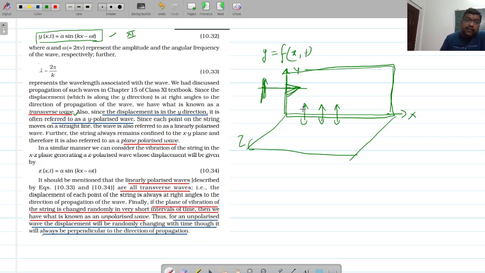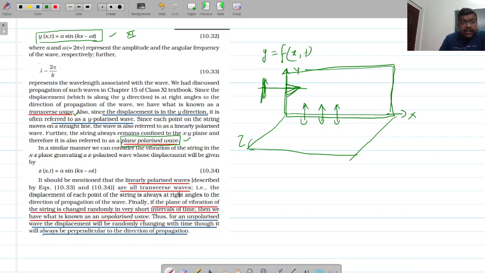Here the wave is confined to the xy plane, hence it is called a plane polarized wave. So basically, if the vibration of the wave is confined to a particular plane, then it is called a plane polarized wave. This is another new term which we have encountered.